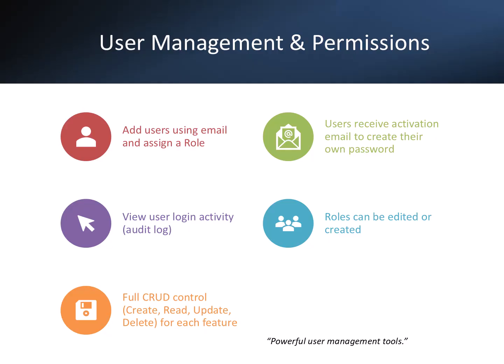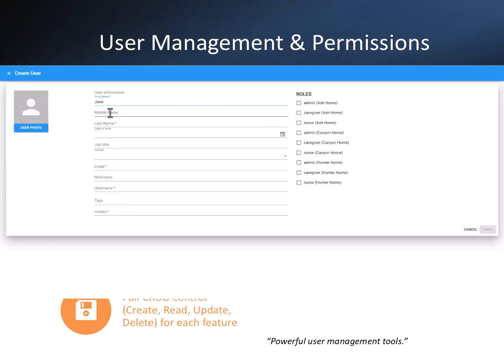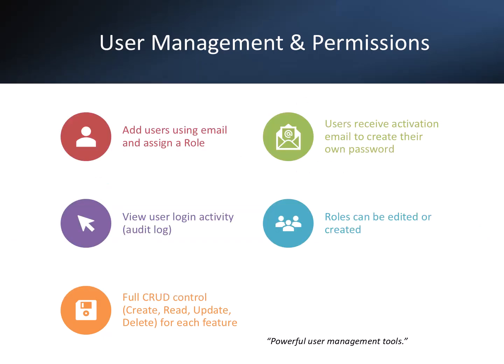User setup in version 2.0 is more secure and flexible. Each user is created with an email and assigned a role. They receive an activation email allowing them to create their own password, no more manually setting passwords.